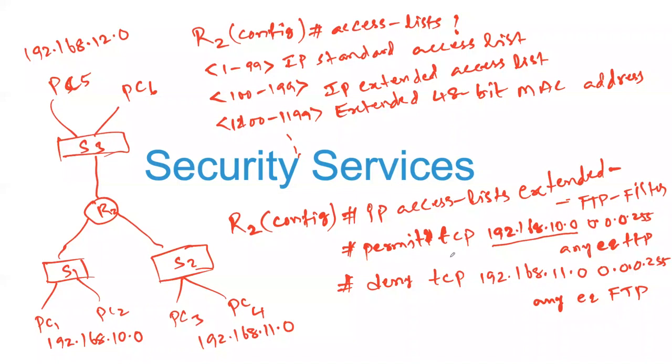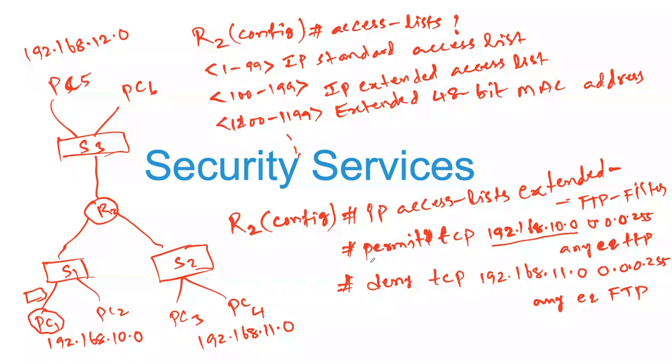So any packet that comes from the 192.168.10 network, from this PC, goes through switch 1, and when it reaches router 2, the router checks the packet header and the network address.